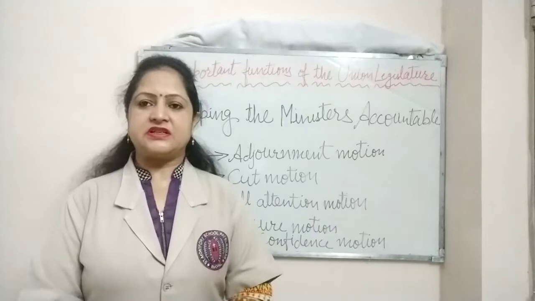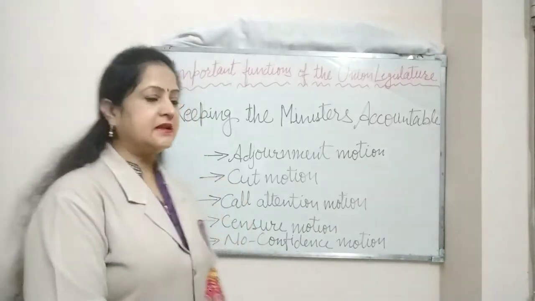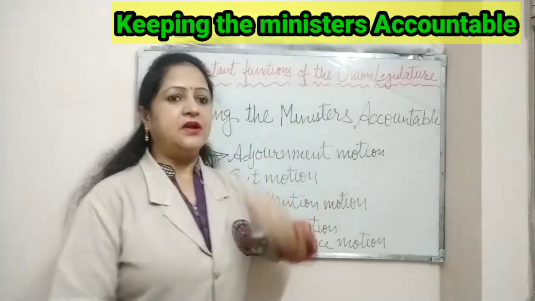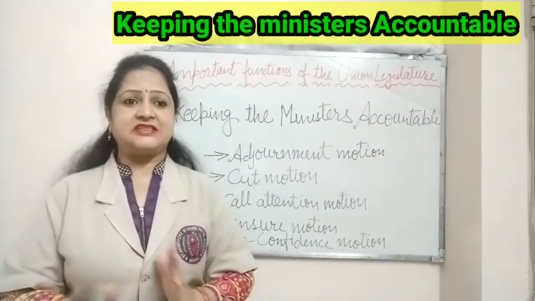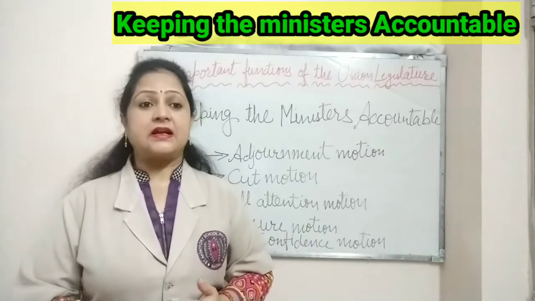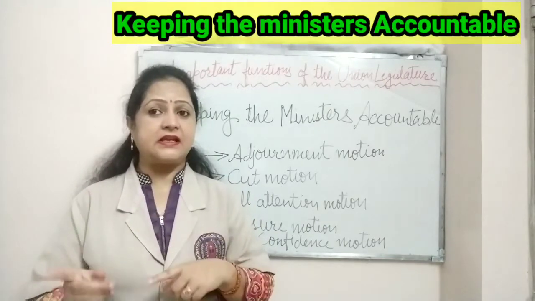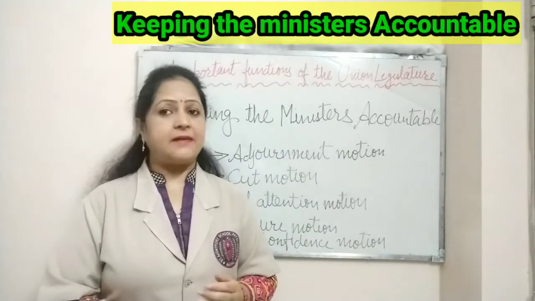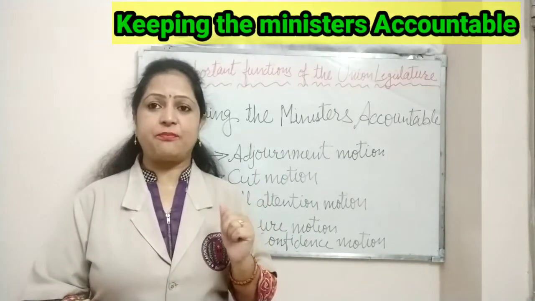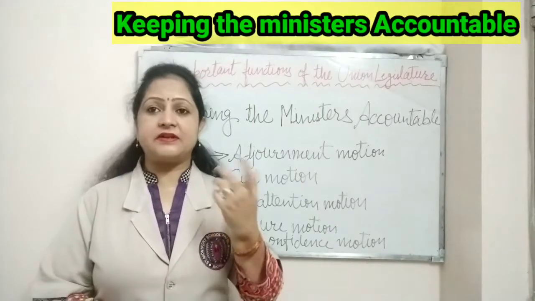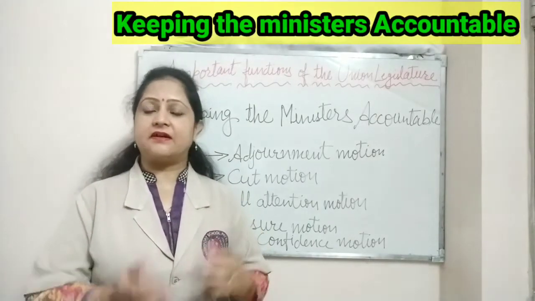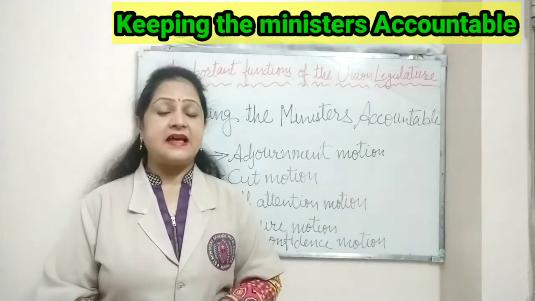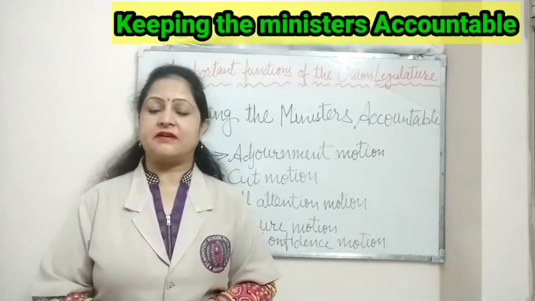The third function of Parliament is keeping the ministers accountable. For all its decisions and policies, the Council of Ministers is directly responsible to the Parliament. The MPs, members of Parliament, have the right to debate and criticize the government policies, and the right to question ministers about the actions of the government.